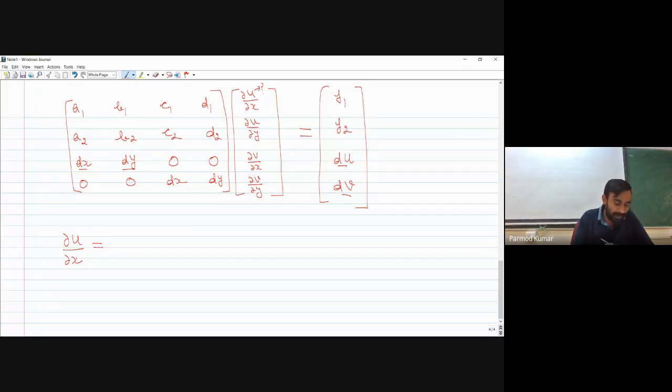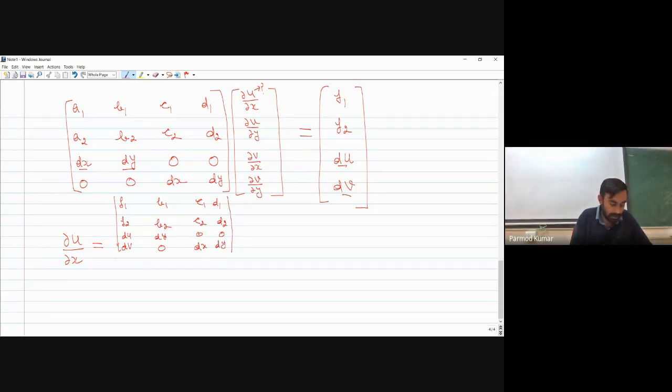So if I have to solve the value of del u by del x, in the first column I will be replacing all these coefficients with the coefficients on the right hand side, and I will be taking its determinant. So I will be writing over here f1, f2, du, dv, then the other coefficients b1, c1, d1, and b2, c2, d2, dy 0, 0, 0, dx, dy. So these will be there.